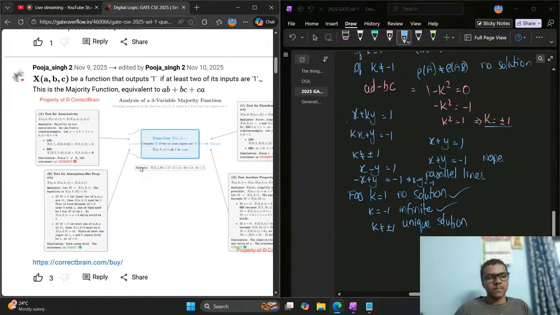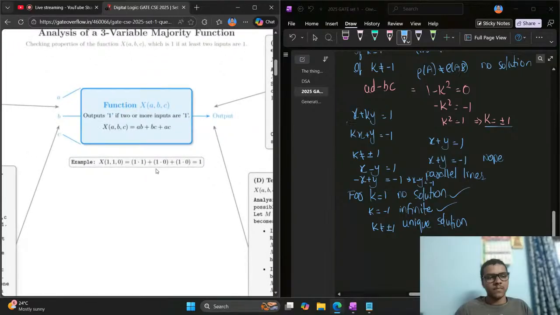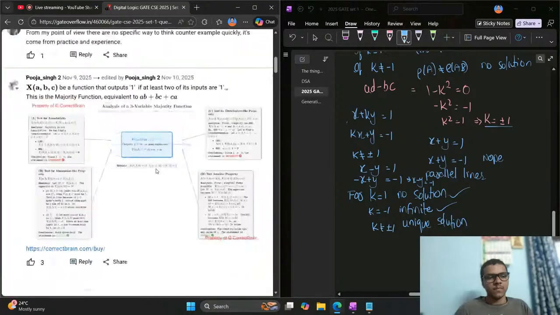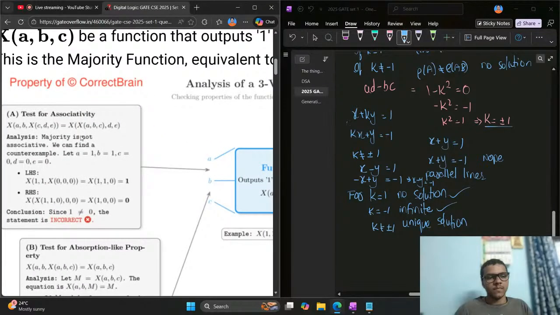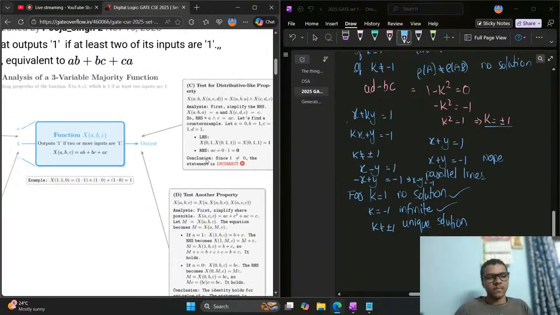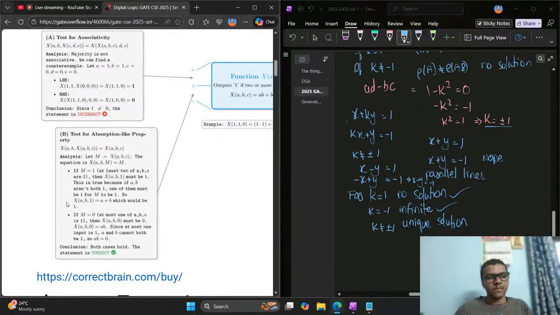This is a majority function. Absorption property.